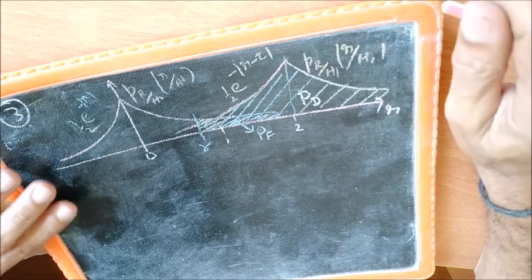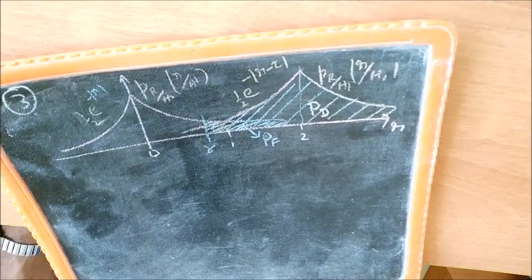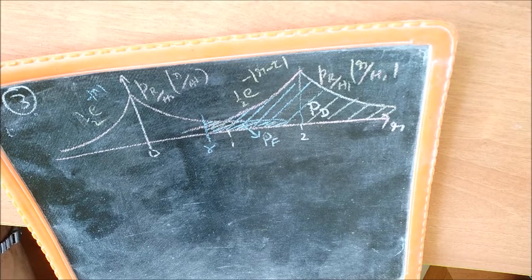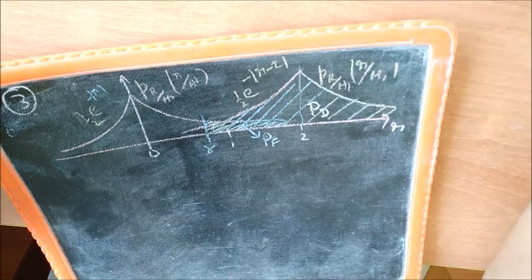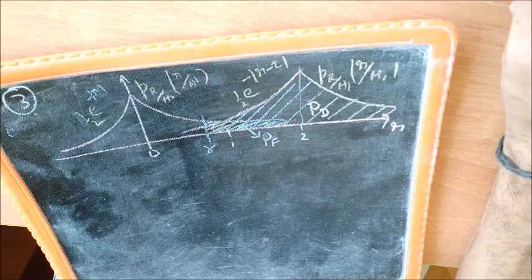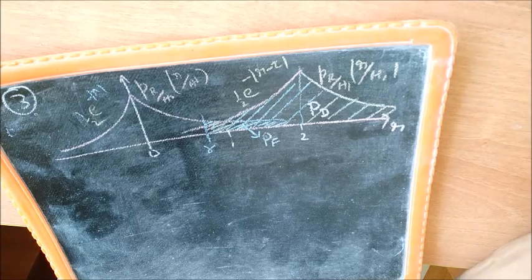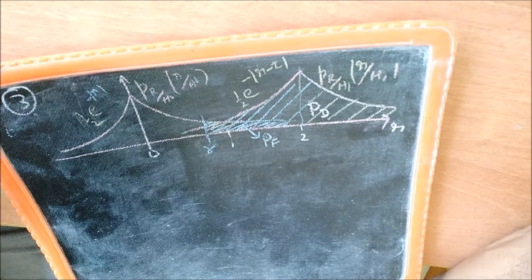Once we have identified this, we can write expressions for PD and PF in terms of gamma, and then express PD as a function of PF with some minor manipulation, and then plot PD as a function of PF, and that gives us the receiver operating characteristics. So let us now take that step.